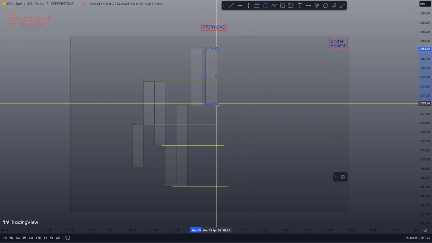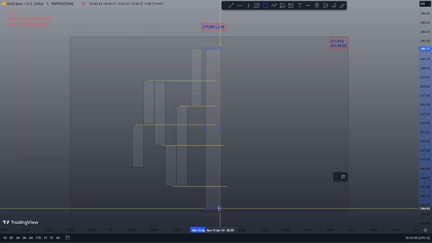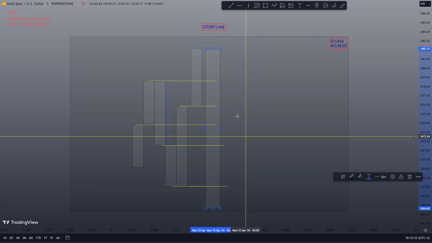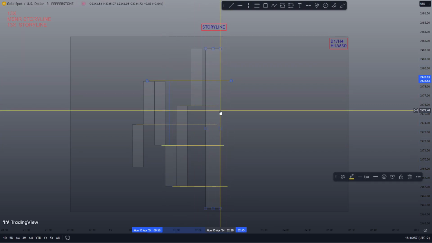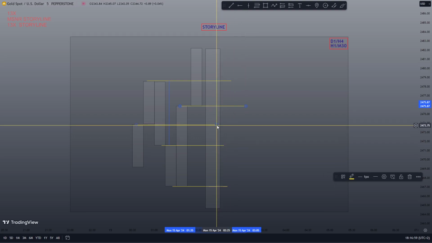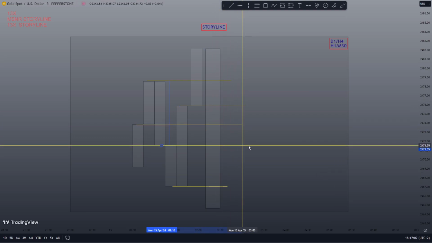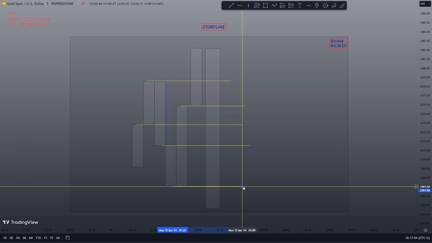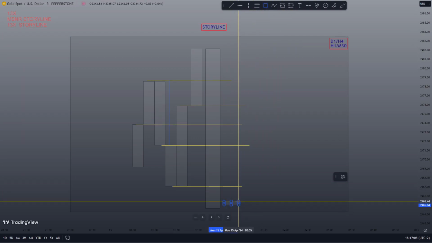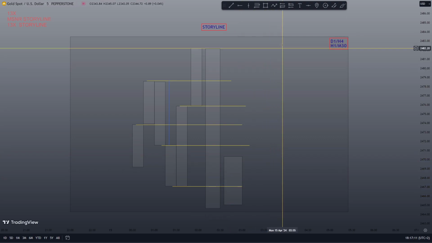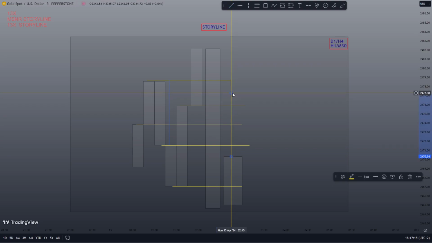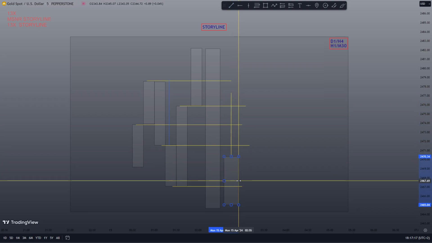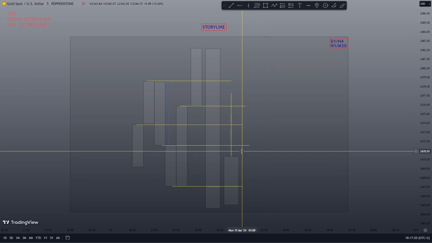If price breaks all those levels, all of them will be fresh again. If price touches any of those levels, it becomes unfresh. Every time price touches any of those levels, it becomes unfresh.